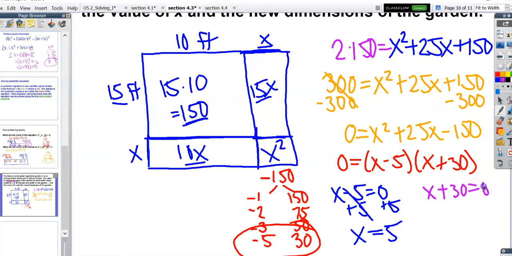But see how when we solve the second equation, we get negative 30. We don't have negative length. We're not trying to take area out of this garden. So if you have a situation like this, you can cross off any negative answers. So our answer is just 5 feet.